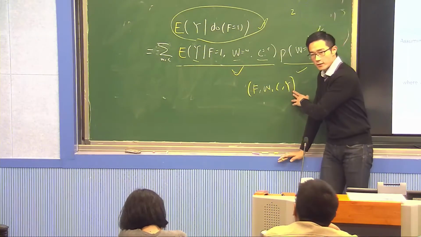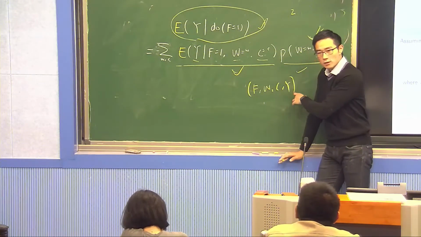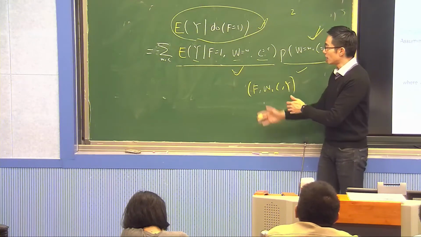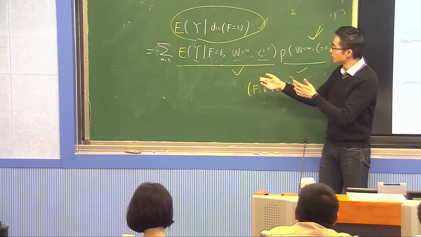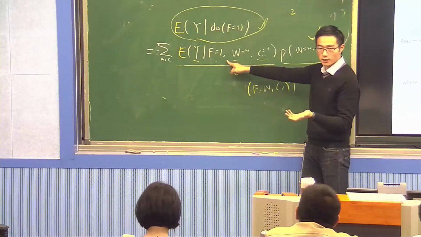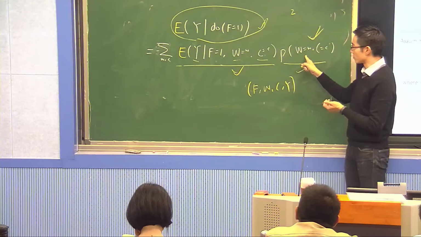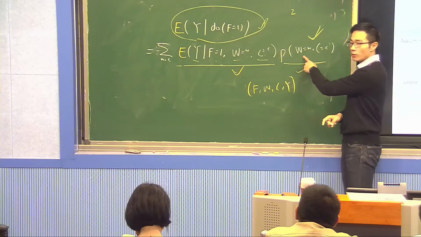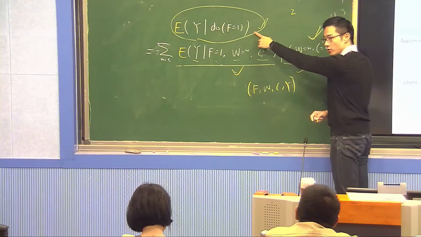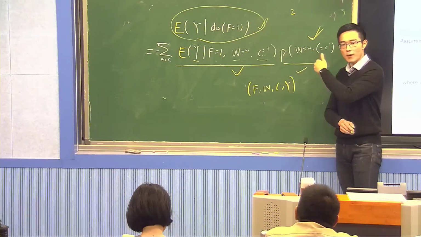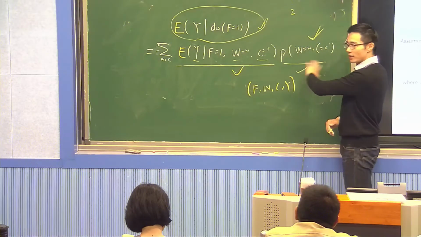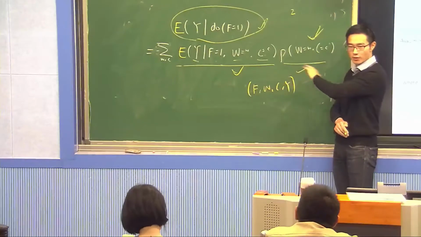In this case, we say it is identified, or I can also say it's non-parametrically identified, meaning I'm not assuming any parametric model. Am I assuming any parametric model for this expectation? No. Am I assuming any parametric model for this probability? No. I'm not saying this is a normal distribution. If I say this has to be a normal distribution in order for us to calculate this causal effect, then it is called parametrically identified, not non-parametrically identified. Here I'm not putting any assumption on these things, so it's non-parametrically identified.